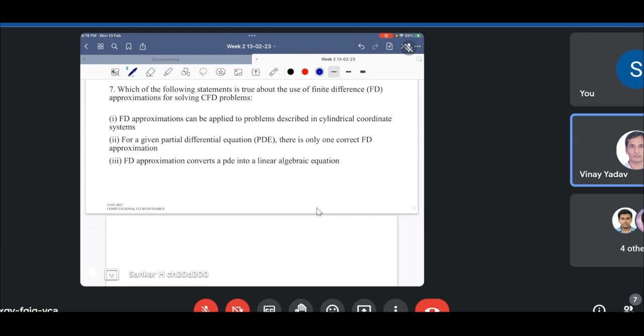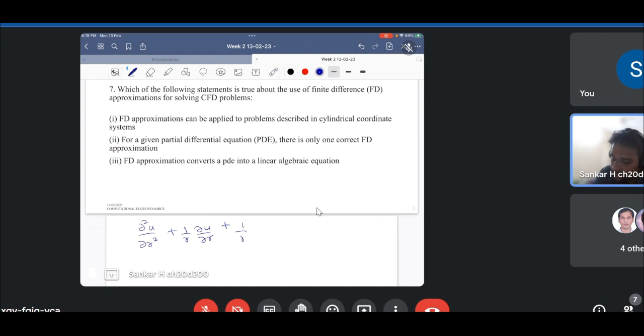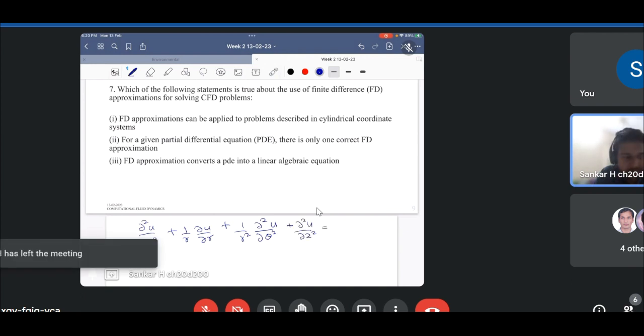Yeah, the first option is correct, because suppose we take the velocity and write it in cylindrical coordinates: ∂²u/∂r² + (1/r) ∂u/∂r + (1/r²) ∂²u/∂θ² + ∂²u/∂z² is equal to some function of r, θ, z.